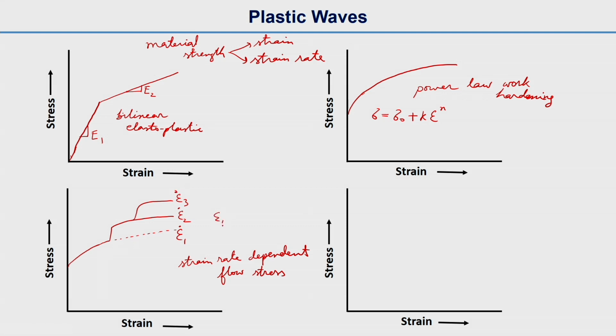So here the strain rates are in increasing order. This is strain rate dependent flow stress. The constitutive equation we can write in this form: k epsilon to the power n times epsilon dot to the power m, where this strain rate term m will be between 0 and 1.